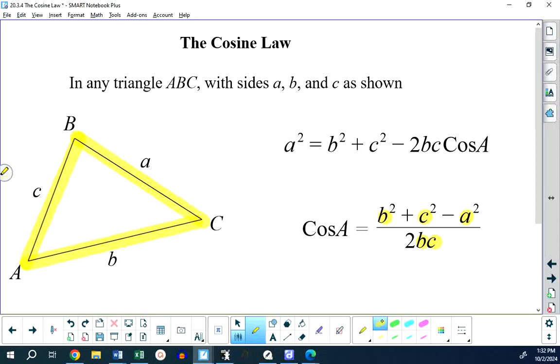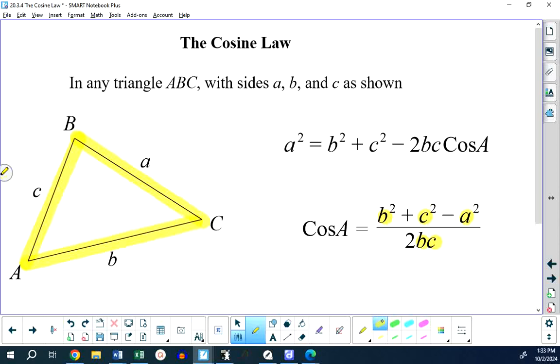But do you see, looking at the top formula for the cosine law, that b and c in the equation are treated differently than a? The squares are added together, and then b and c are multiplied together. a is a lone wolf, so to speak. In the bottom formula, a is a lone wolf. Little a is treated differently than b and c.